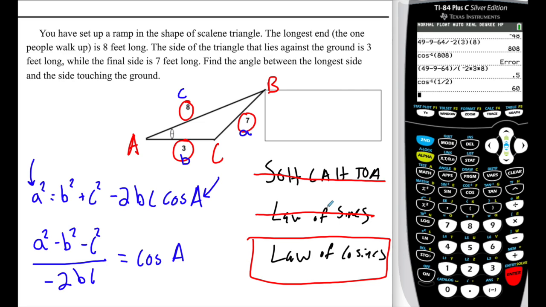It's a side given scenario. So law of sines is out. So we must use law of cosines because you got to believe that if I give you a problem, I have to give you everything you need to solve it. And that means that the given information has got to be solvable with SOHCAHTOA, law of sines, or law of cosines.